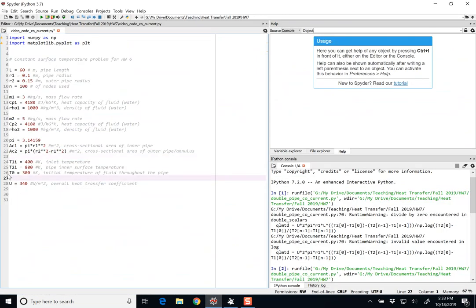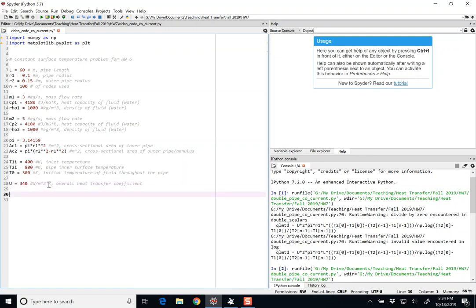Our initial condition is going to be 300. So initially, both fluids throughout the length of the pipe will be at 300 Kelvin. And then as the hotter temperature comes through, we'll start to see both of those rise. We're going to use U, our overall heat transfer coefficient, of 340 watts per meter squared per Kelvin.